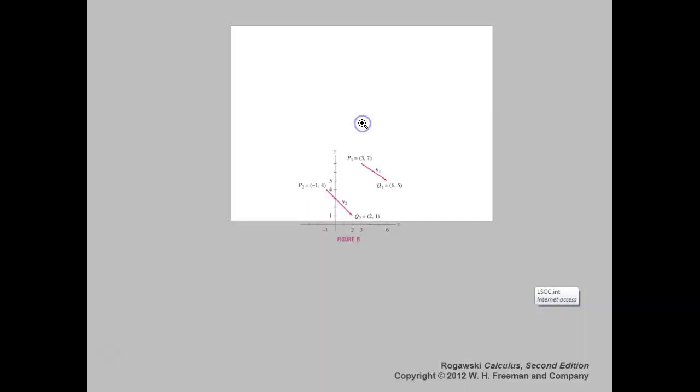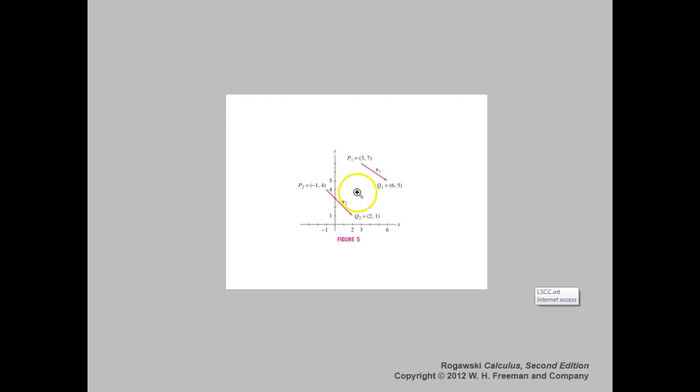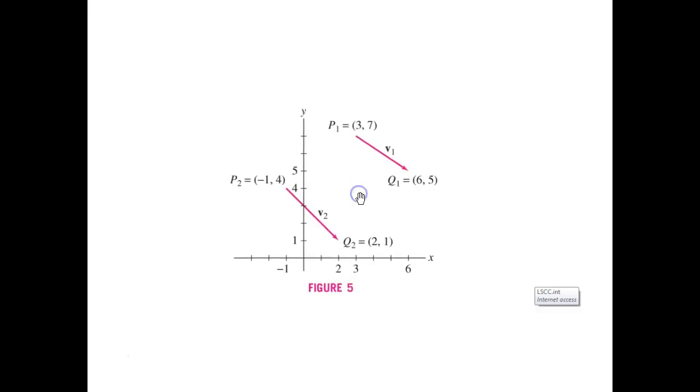All right, here is the figure for example 1. And again, we're not going to do it, but let's just sort of talk through it a little bit. It gives us two vectors based on their points. Their base points P's and their terminal points Q's.